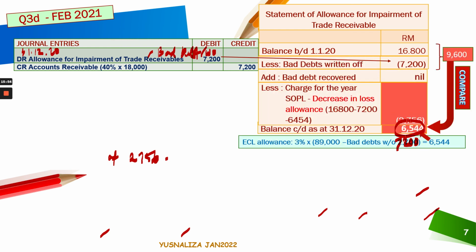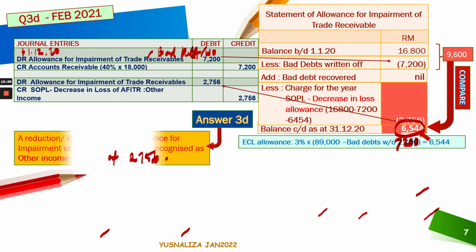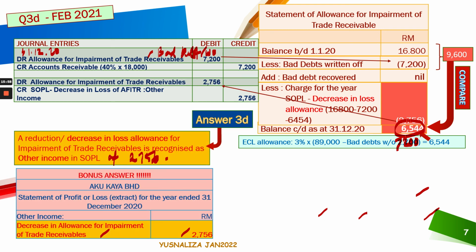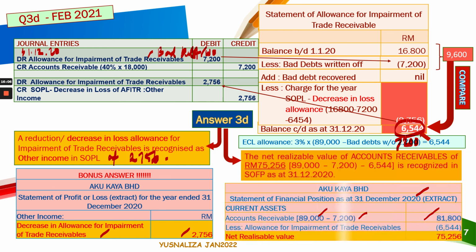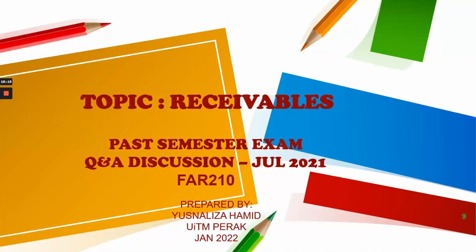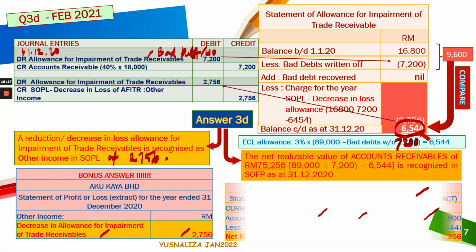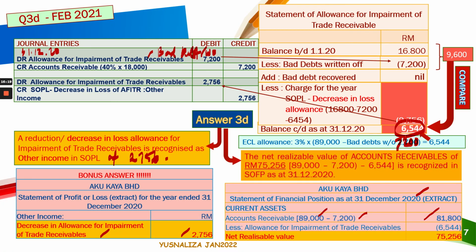But what I'm giving you here is the bonus answer in case you are asked to show it later in the extract of SOPL. When you prepare your published account, make sure you include that correctly. And also when you are asked to prepare your published account later, you may also want to show the impact of the accounts receivable, which is shown under the current asset.